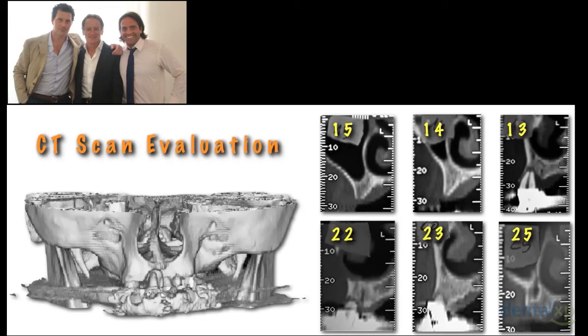So we try to make a hypothesis of treatment plan based on the CT scan, and we try to be as less invasive as possible, because from our point of view it is important that the quality of life of the patient is good, not only at the end of the treatment plan, but also in the meantime. So we always try to be as less invasive as possible.